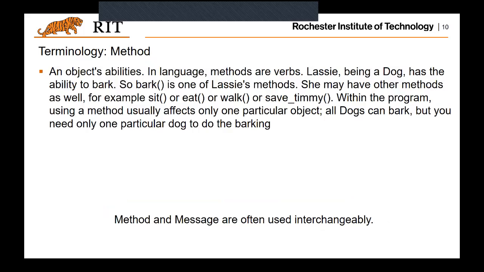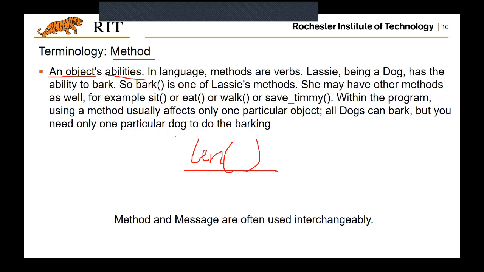Another thing is the method, right? That's the object's abilities. Basically, it's like functions. If you ever use the string object, there's a function called len, right? If you call this function, it will return the length of that string.